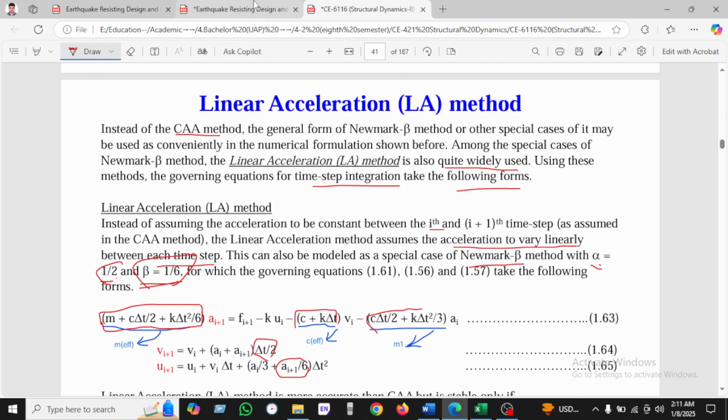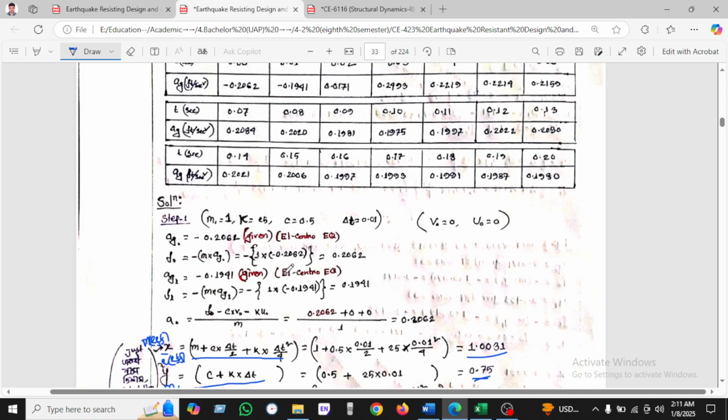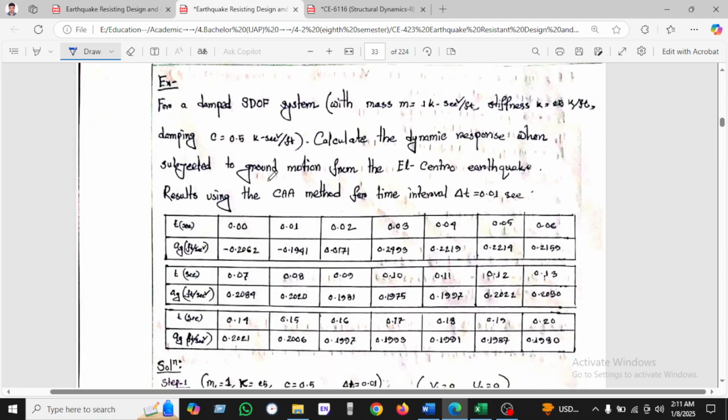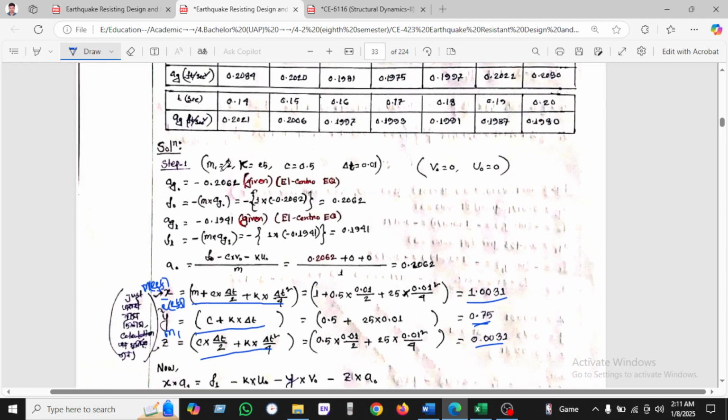Let's see an example. All the data is given here. We are calculating M effective, C effective, and M1, with the ground motion force F equal to minus mg. If we rearrange, it will be MA equal to F0 minus CV minus KU.